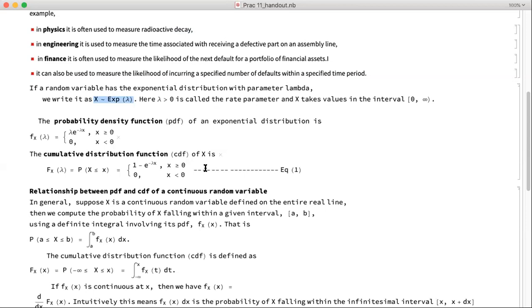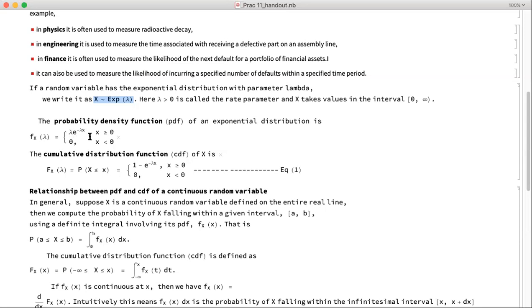Associated with this distribution, or any continuous distribution, there are two properties you can define. One is called the probability density function, or PDF. Its notation is f sub X of lambda; different texts use different notations, but I'll stick with this.